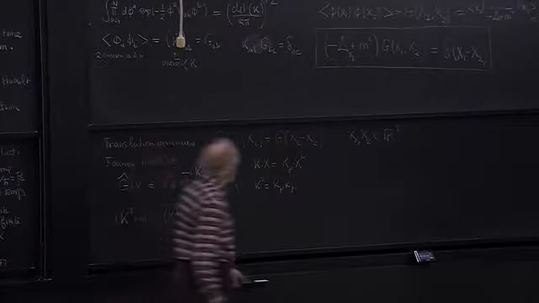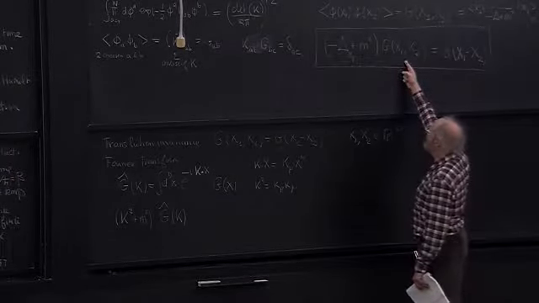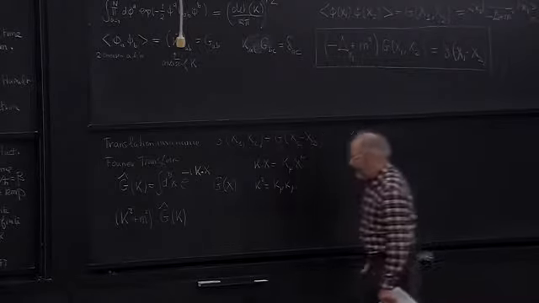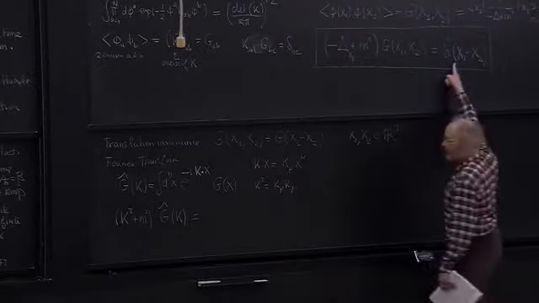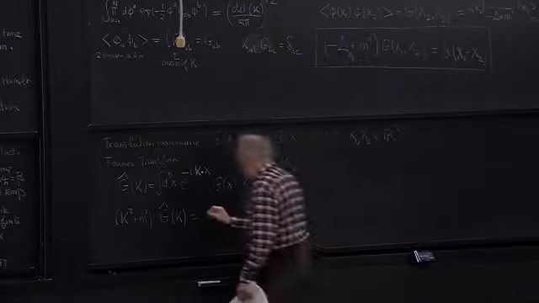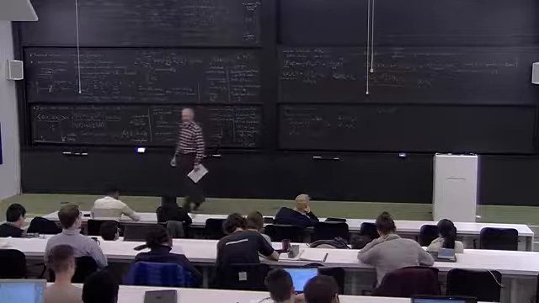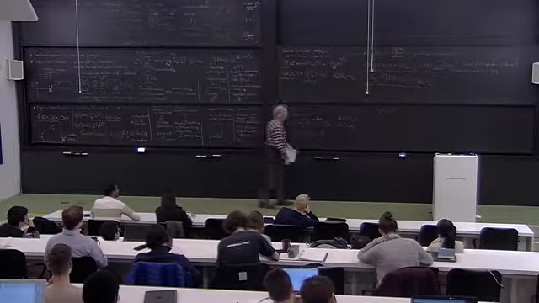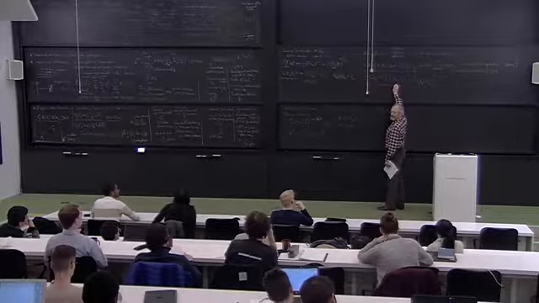So in momentum space, in the Fourier transform, this operator is diagonal. And what is the Fourier transform of the Dirac function? It's just the constant function one. So this is the Fourier transform of this equation.